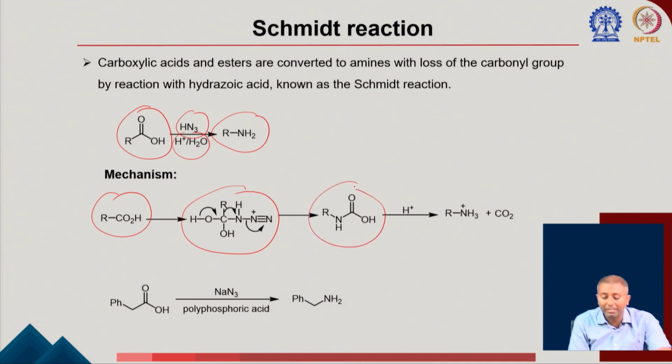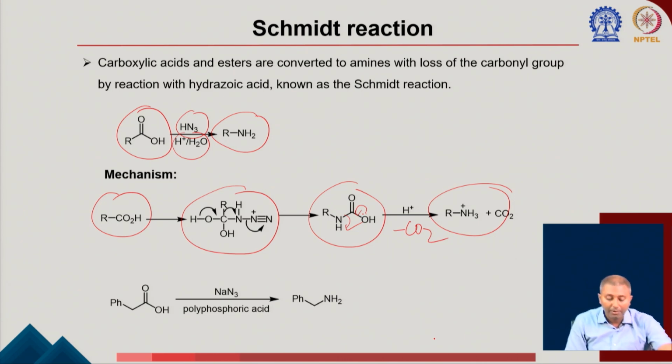I said this is a carbamic acid. Then there will be loss of CO2, so decarboxylation is going to happen, as I have already mentioned before, to get the corresponding amine. And if you have H+, it will make the corresponding amine salt.